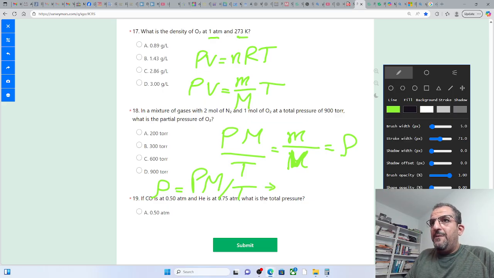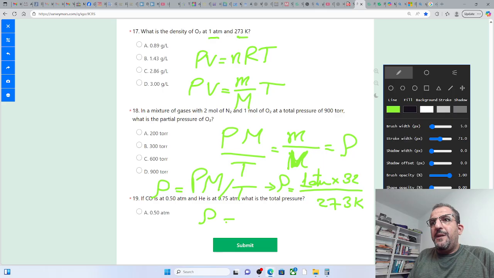So now density is equal to pressure, which is 1 atmosphere, times molecular weight, which is 32 for the oxygen molecule, and then divided by temperature, which is 273 Kelvin.